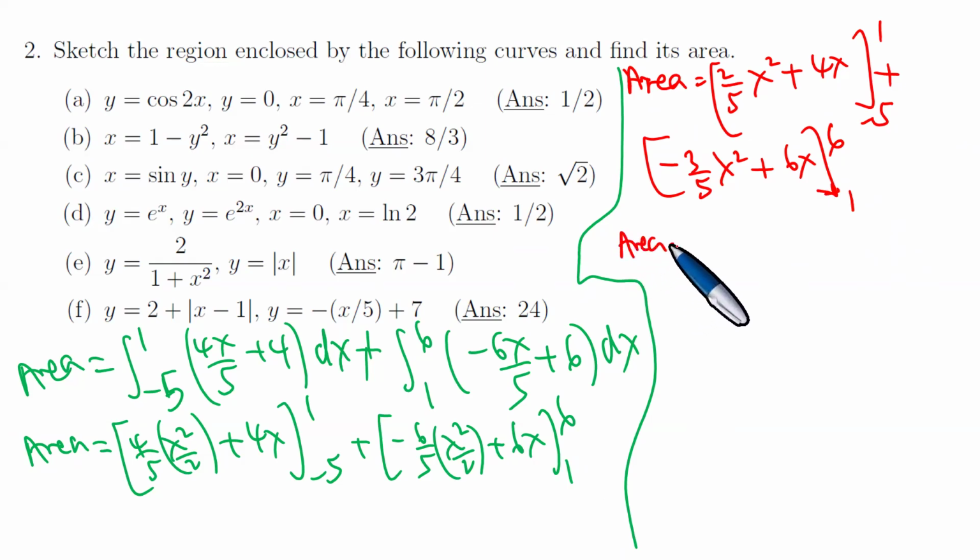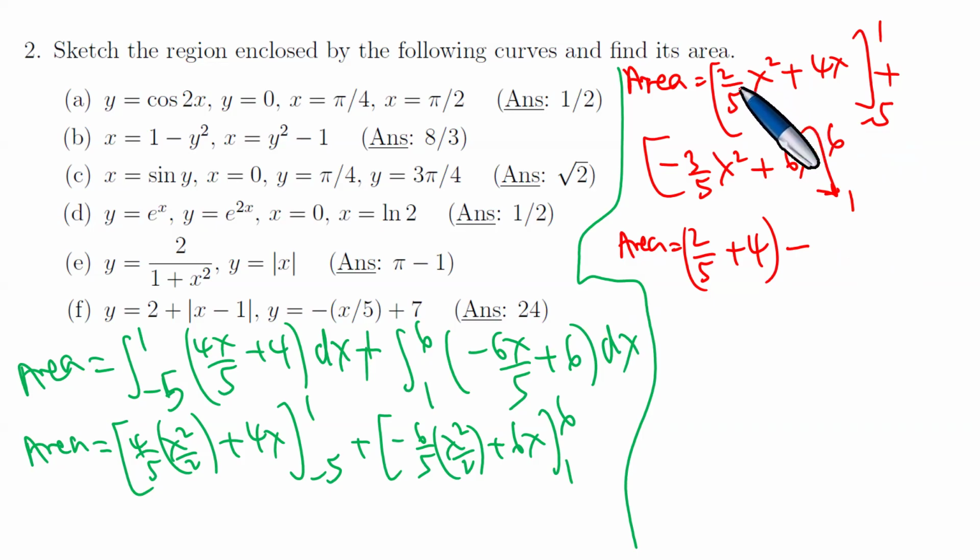The area. Okay, plugging in the 1, you would have 2 over 5 plus 4, minus 2 over 5 plus 4. Okay, that is when you plug in the 1, and then you substitute the minus 5 and then you square the minus 5. It becomes what? It becomes a 25.